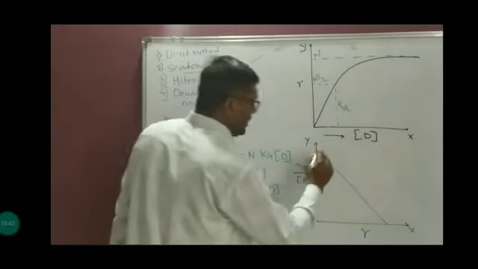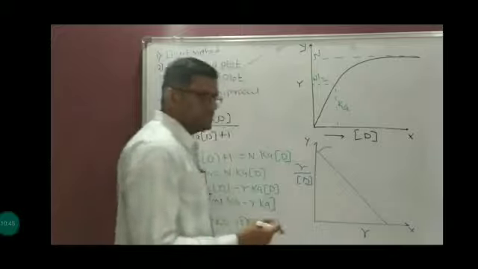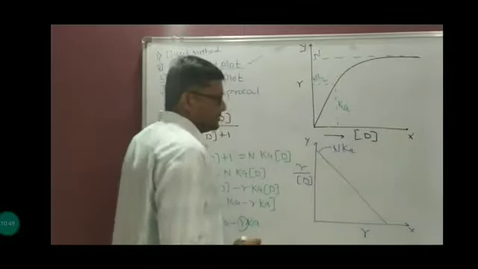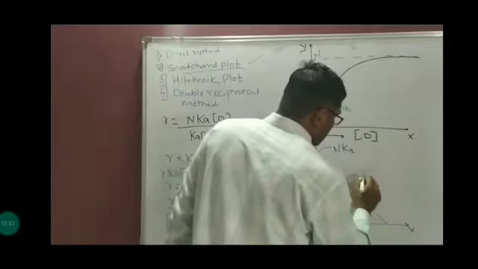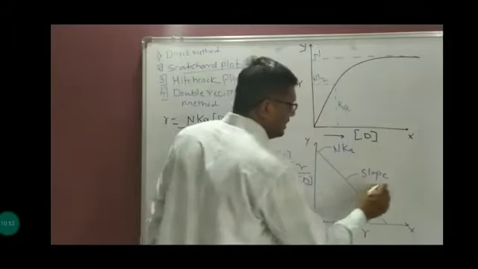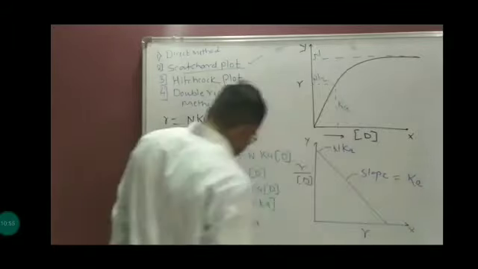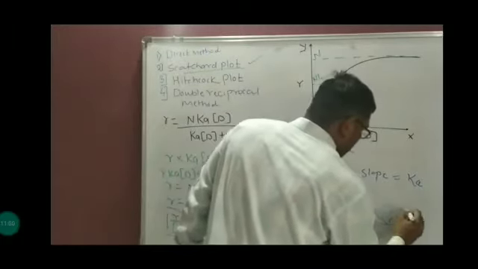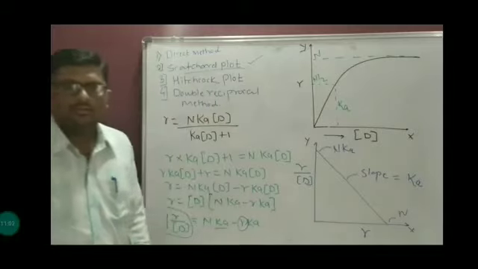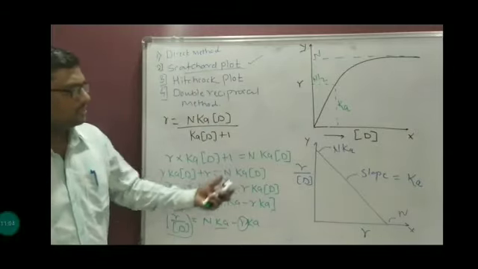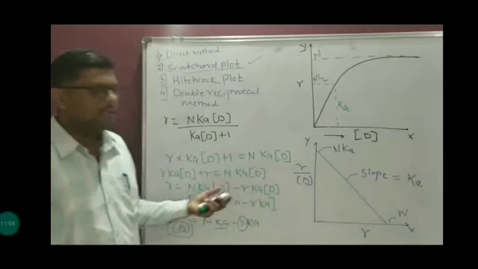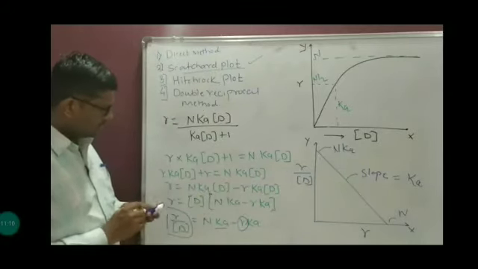At the Y axis the intercept will be N Ka, whereas this line gives the slope. You can find out the slope from this line, that is the Ka. And at the X axis you can find out the N. So from this we can find out the Ka value, N Ka value and N value.